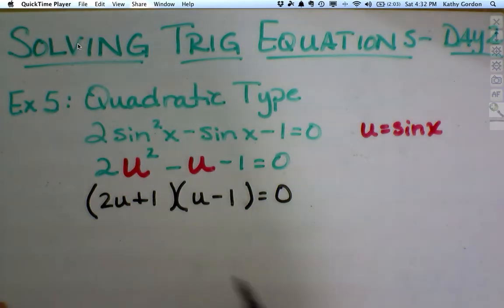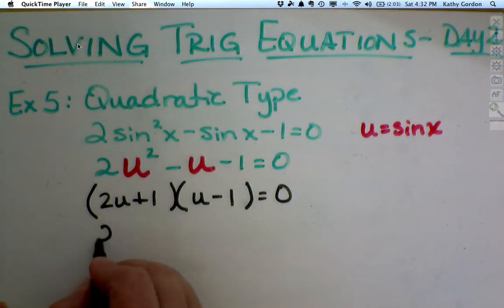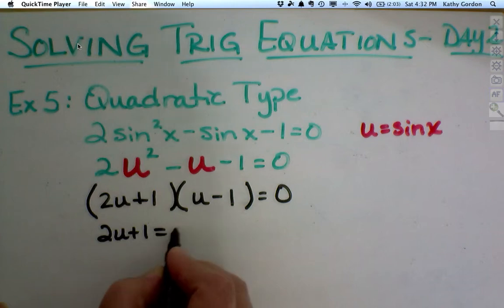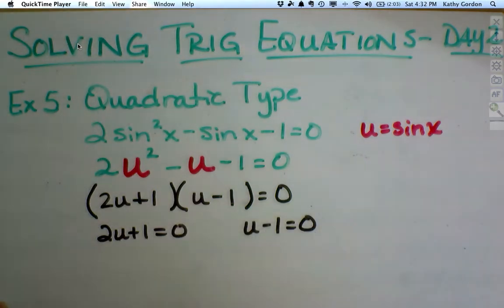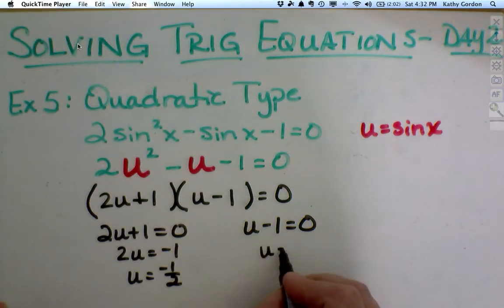Okay, and just like we did when we talked about quadratics, we're going to set each factor equal to 0 separately using our zero product property. So that means 2u equals negative 1, and u is going to equal negative 1/2. And here we're going to get u equal to 1.